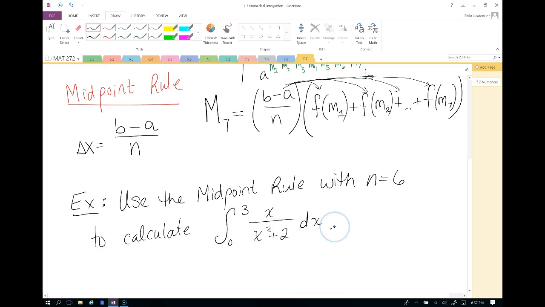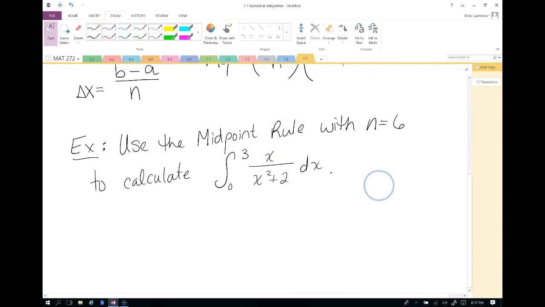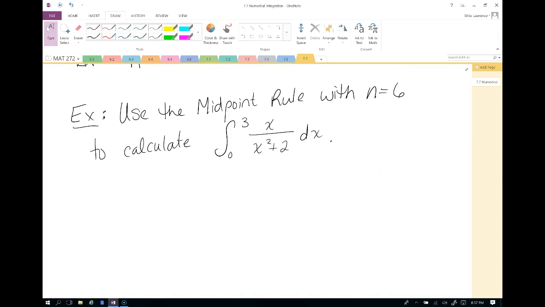Now we can integrate this one by hand, but we're just going to go ahead and do a numerical integration. I wanted to pick one that we could do by hand. That way we could compare the exact answer with our approximate answer.